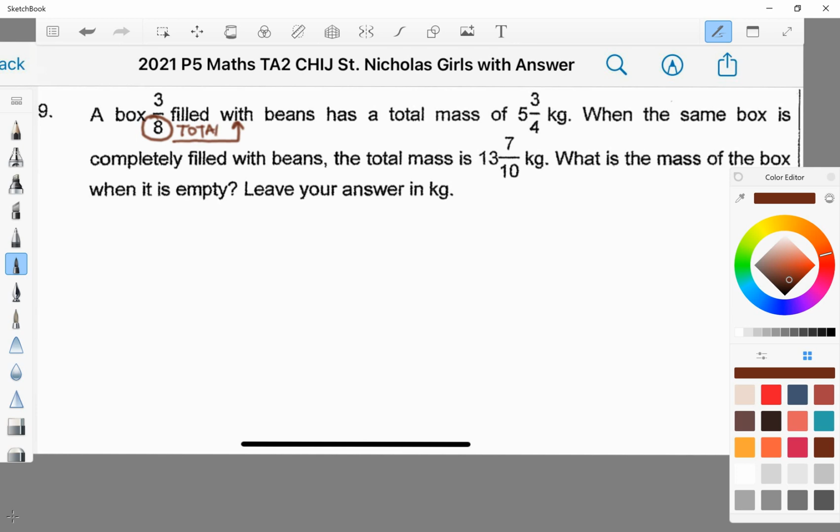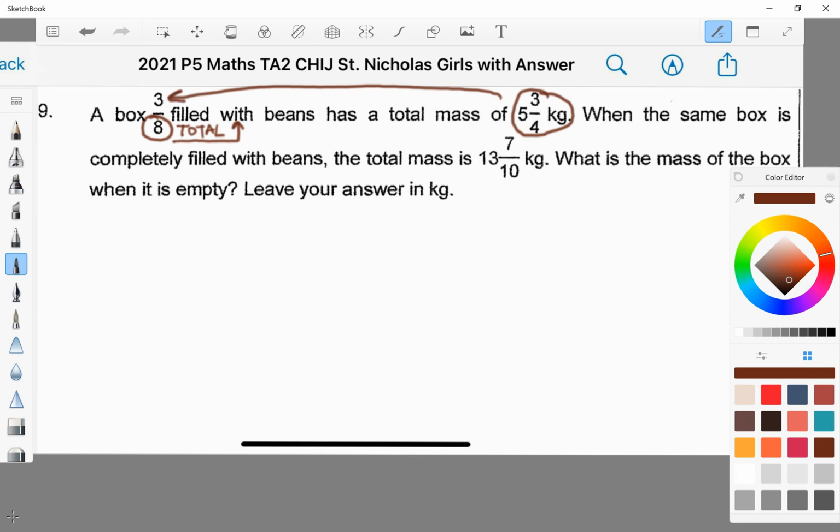And right now the number of units filled for this box, the amount of beans in this box, is actually 3 units. And when that happens, it has a total mass of 5 3/4 kg, which I'm going to circle, and I'm going to point it directly at the numerator 3.